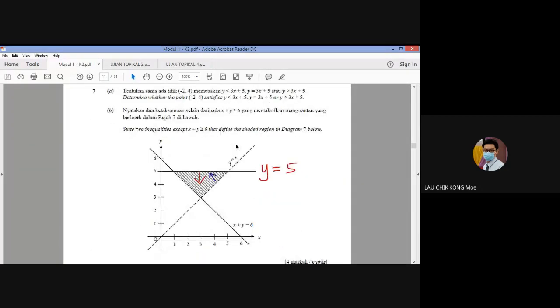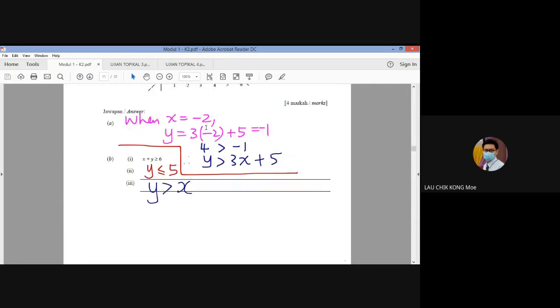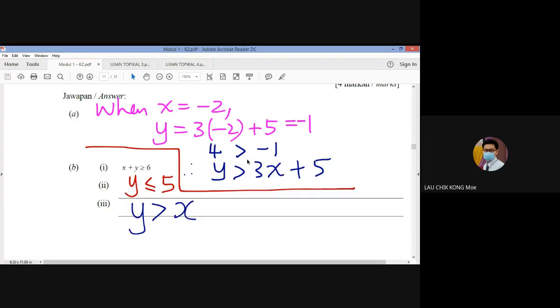Okay, so these questions are A, determine whether the point negative 2, 4 satisfies. It asks which one it satisfies: y less than, y equal, or y greater than 3x plus 5, is it? So which one is satisfied by negative 2, 4? So you need to do like this. When x equals to negative 2 from the point negative 2, 4, y equals to 3x plus 5.